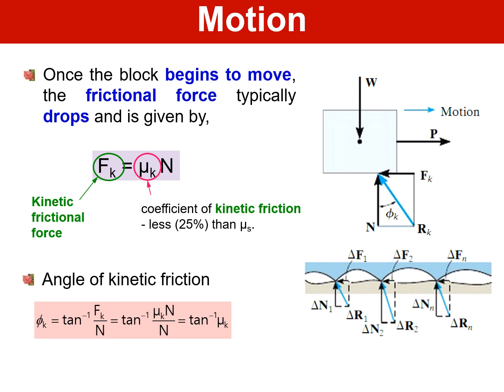So you can see the difference: if the body is about to move, you use static frictional force Fs and mu s. If the body begins to move, you use kinetic frictional force and the kinetic friction coefficient.